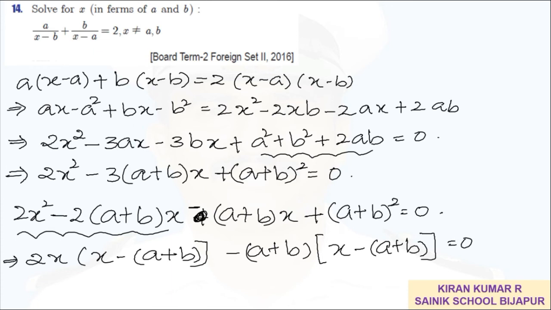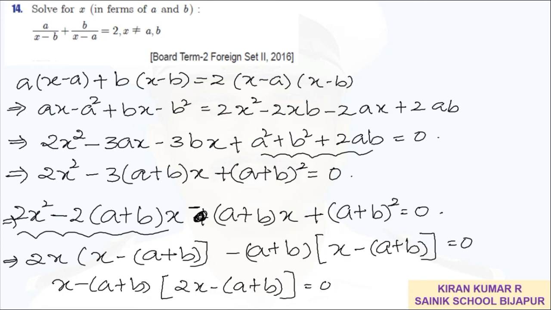In the next step we have x minus of a plus b common. What remains is 2x minus of a plus b equal to 0. With this I can get the value of x as positive a plus b or a plus b upon 2.